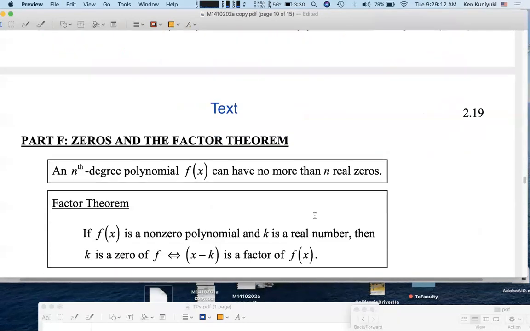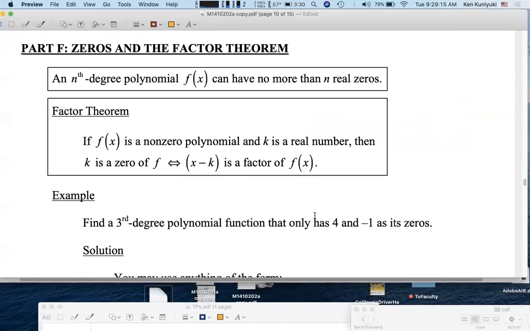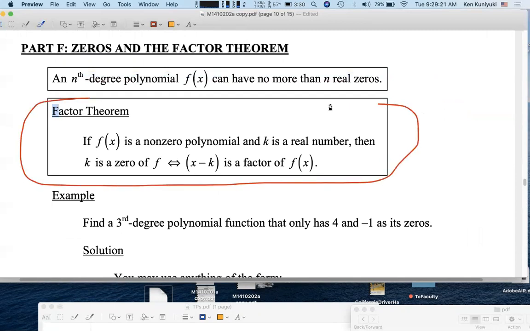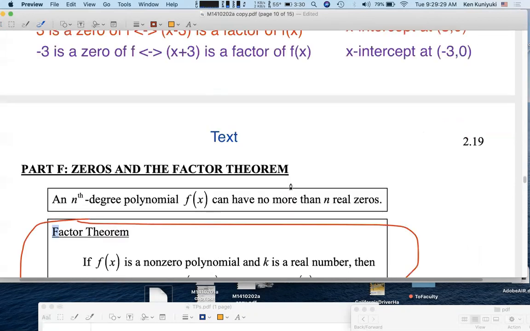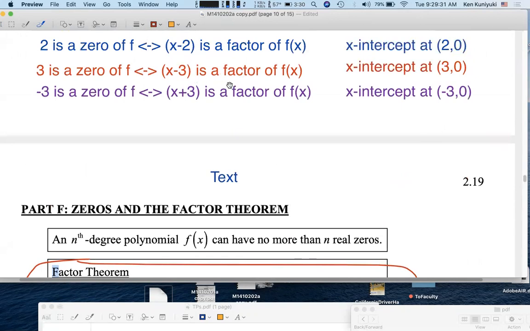In general, if f of x is a non-zero polynomial and k is a real number, then k is a 0 of f if and only if x minus k is a factor of f of x. That's the generalization of what we talked about over here.